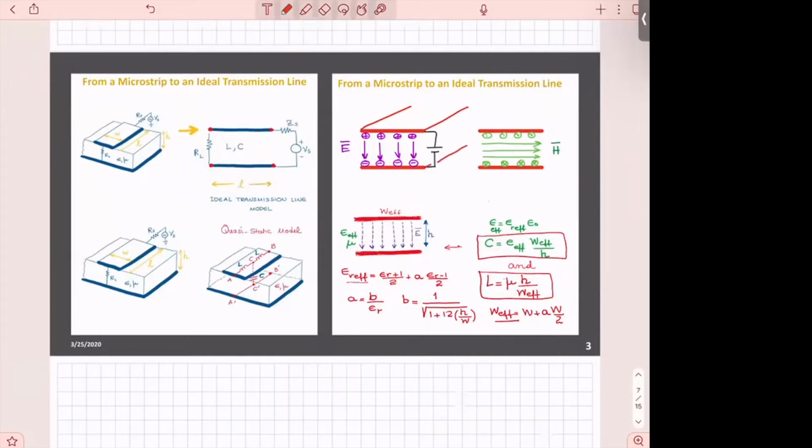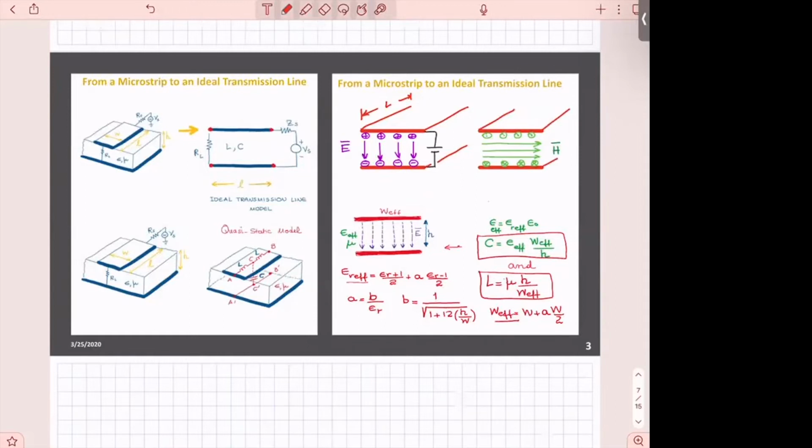This is the length of the line. And what you see here in detail on the front is the cross section. Therefore, this length dimension remains.